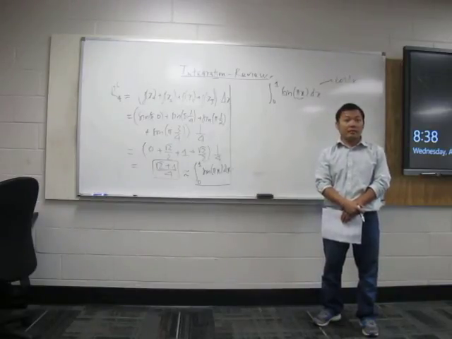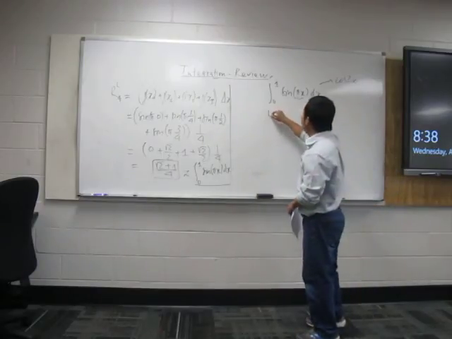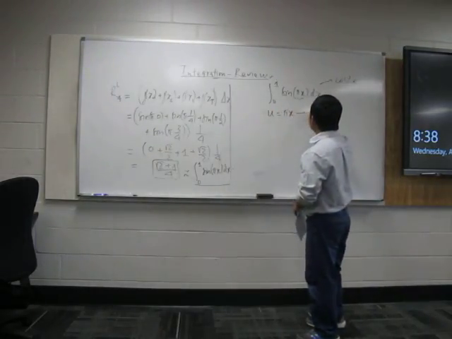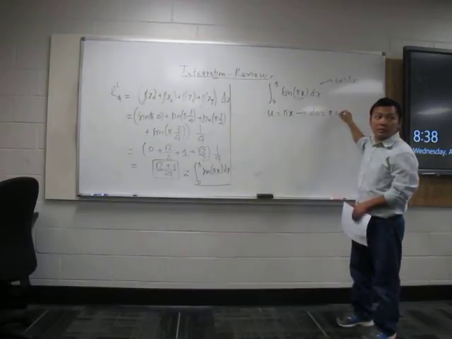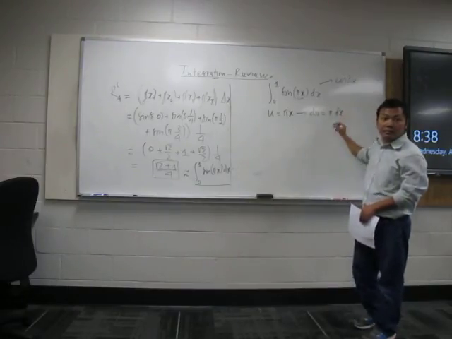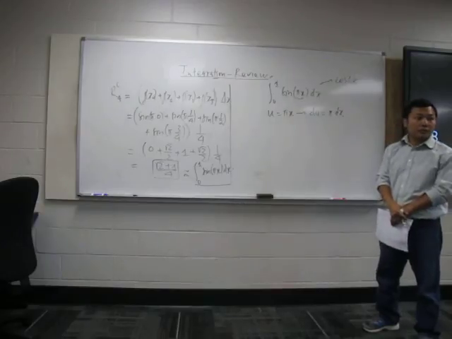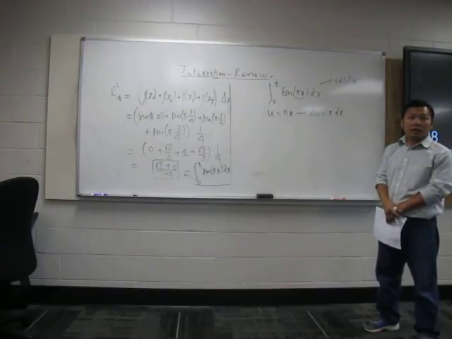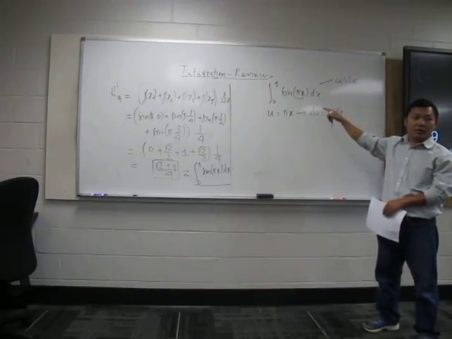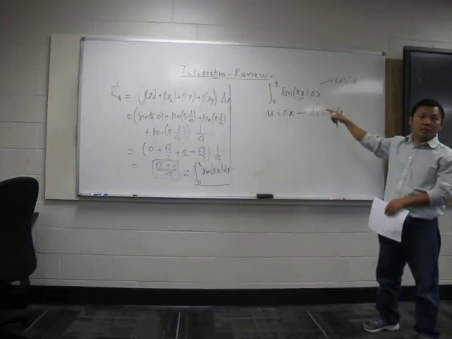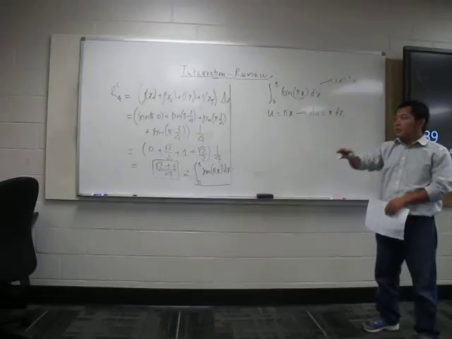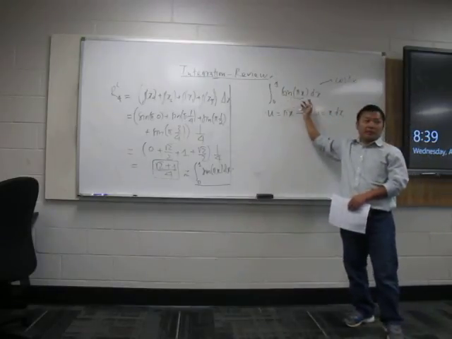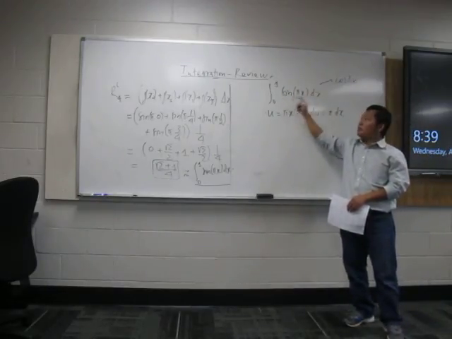If you put u equal to pi x, from here you get du equal to pi dx, right? And you have to rewrite the original integral in terms of u. We have two ways to do that. First, we find the antiderivative and then at the end we plug in 0 and 1.